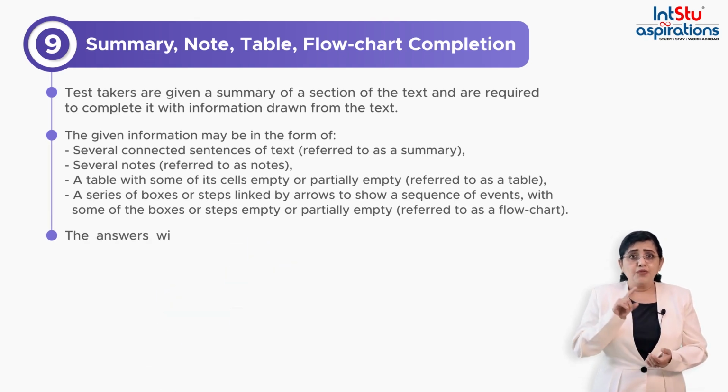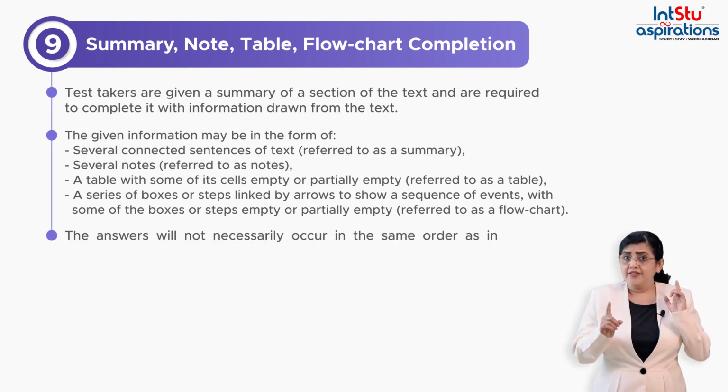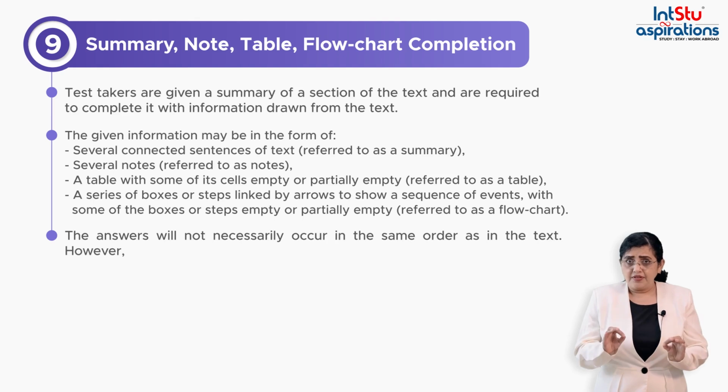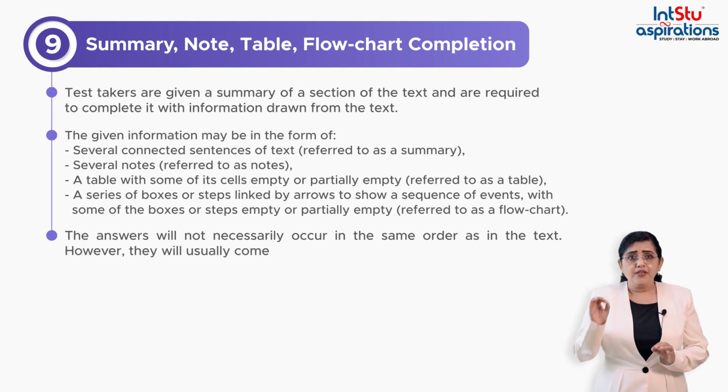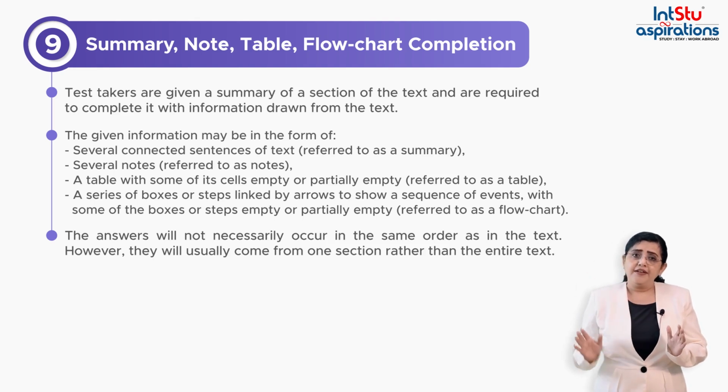The answers will not necessarily occur in the same order as in the text. However, they will usually come from one section rather than the entire text. There are two variations of this task type.